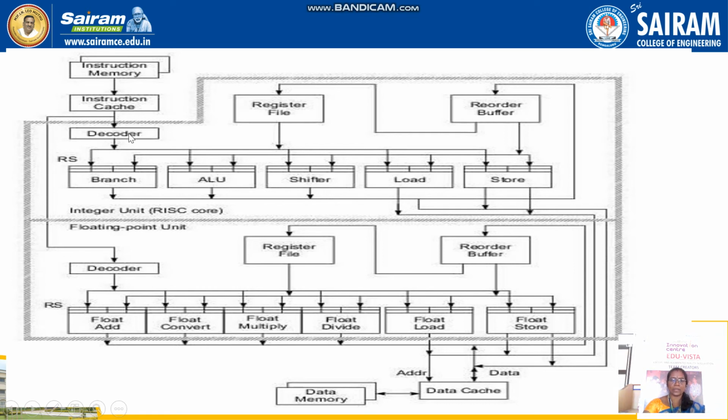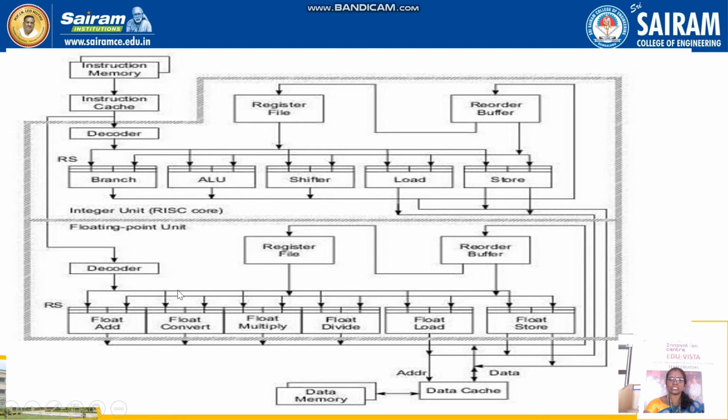This decoder plays the major role. It decides the operation's functionality. When the instruction comes from instruction memory to cache and from cache to decoder, the decoder decides in which functional unit the instruction should be carried out: the load unit, the store unit, or the ALU.